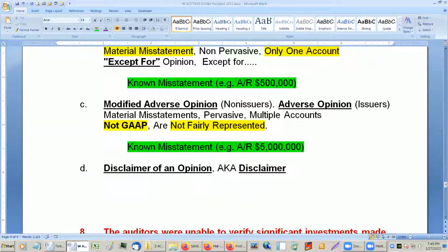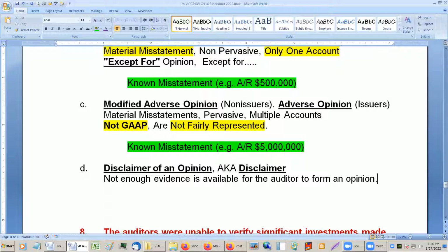This is when there's not enough evidence available for an auditor to make an opinion.